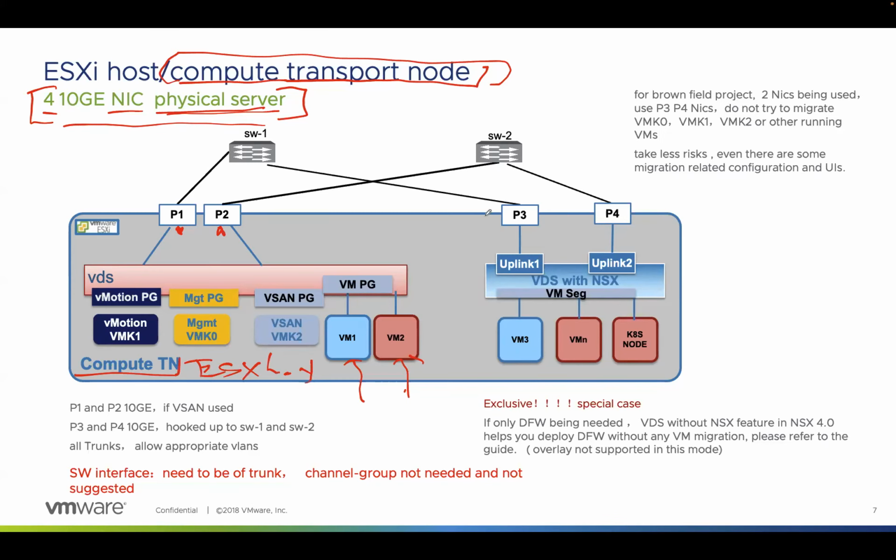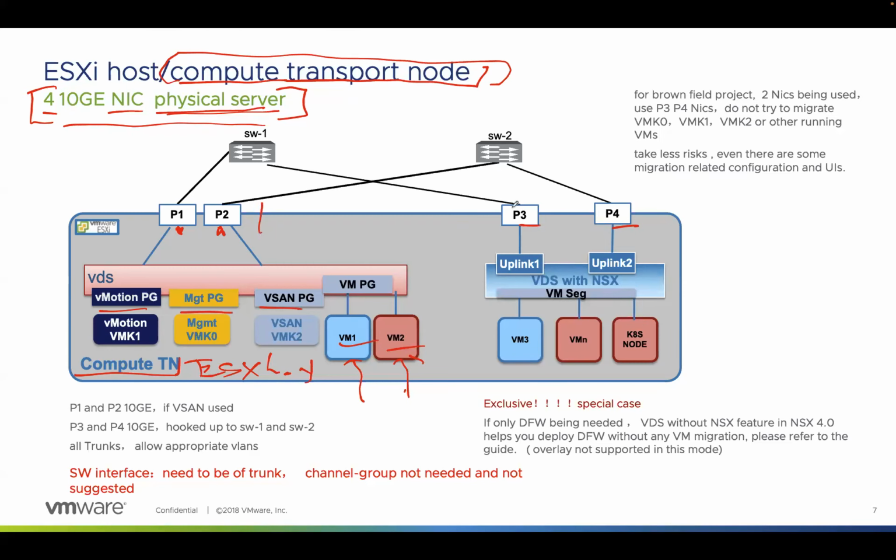So we say that if you have a 4 NIC server, P1 and P2 have been used already, for example for vMotion or vSAN traffic or management traffic or some existing VMs, here VM1, VM2. So you can use the other two, P3 and P4.